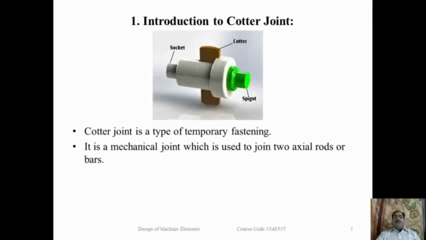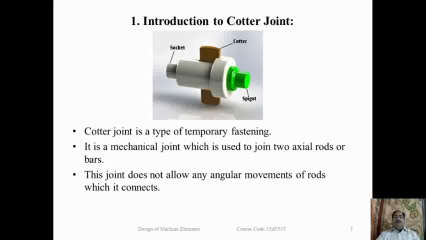Which is used to join two axial rods or bars. So this Cotter joint is used only to join two axial rods or bars. This joint does not allow any angular movements of rods which it connects.